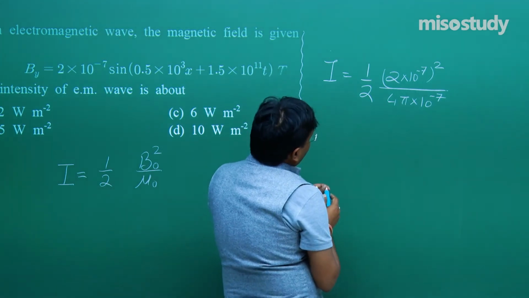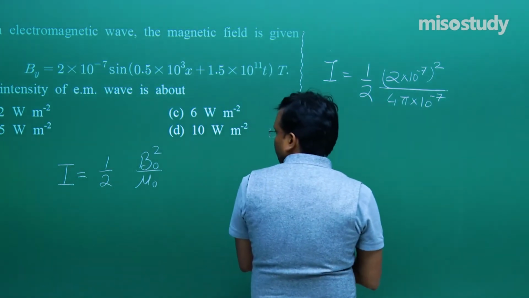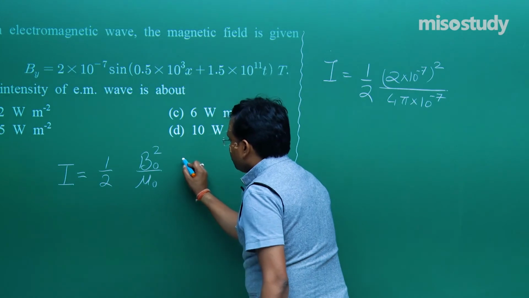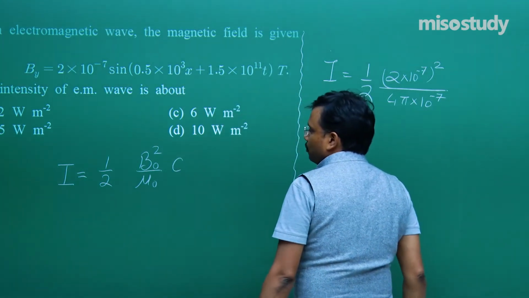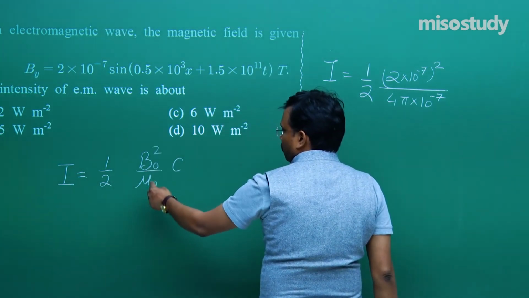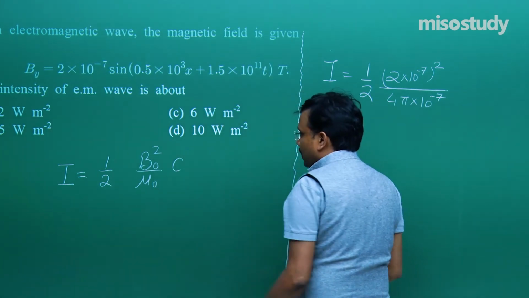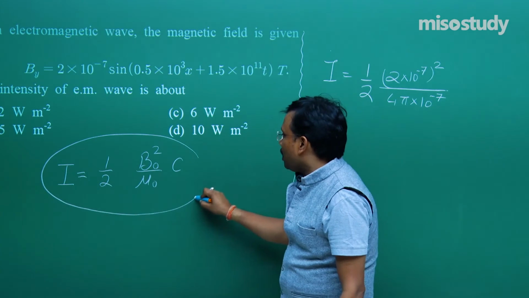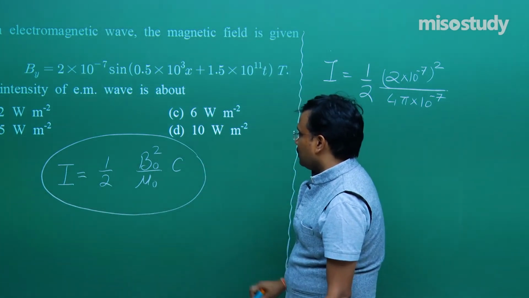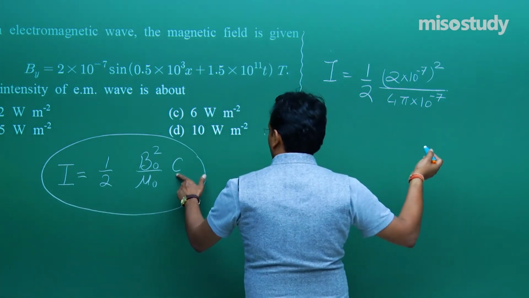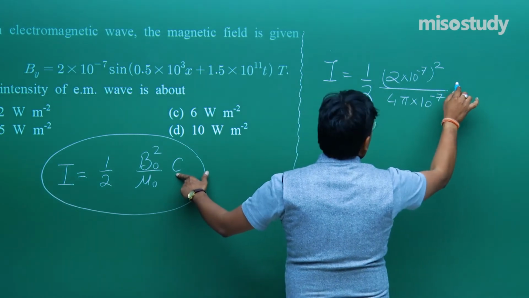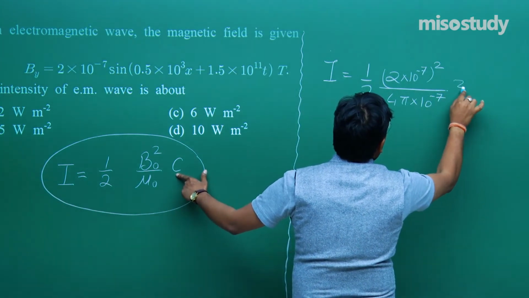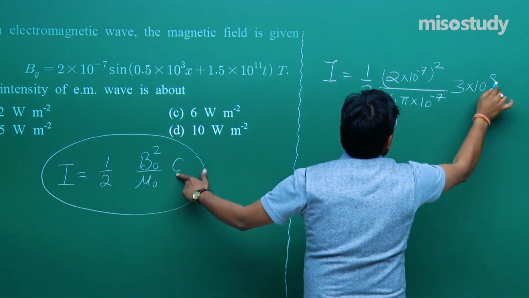Now if you solve it, and yes, that C, sorry, that C is missing over here. I is equal to half B naught square upon mu naught, multiplied by C. That's why I am emphasizing that you should practice the formula by writing again and again. Just because of habit, my hand was trying to write the value of the speed of light.